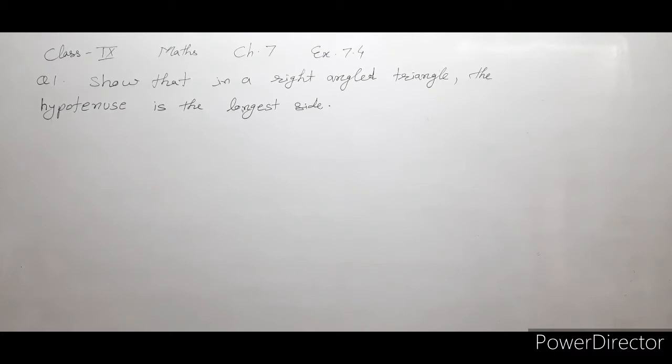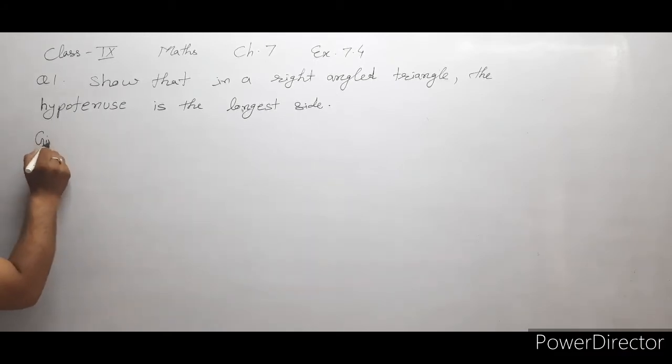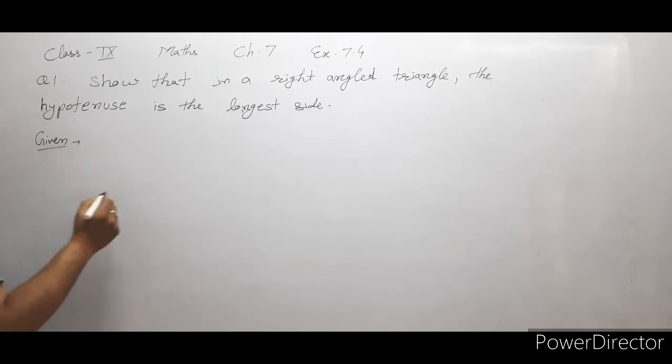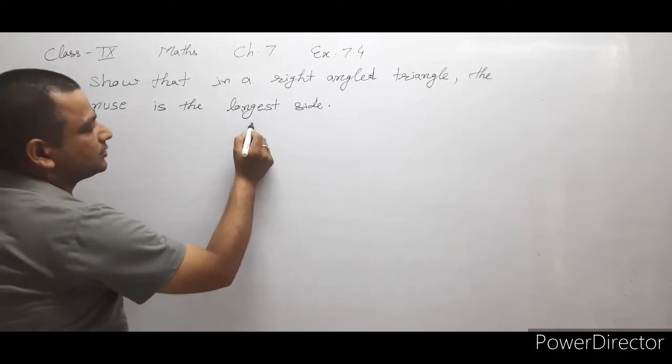We have to show that in a right angle triangle, the hypotenuse is the longest side. So in this question, given: there is a right angle triangle.